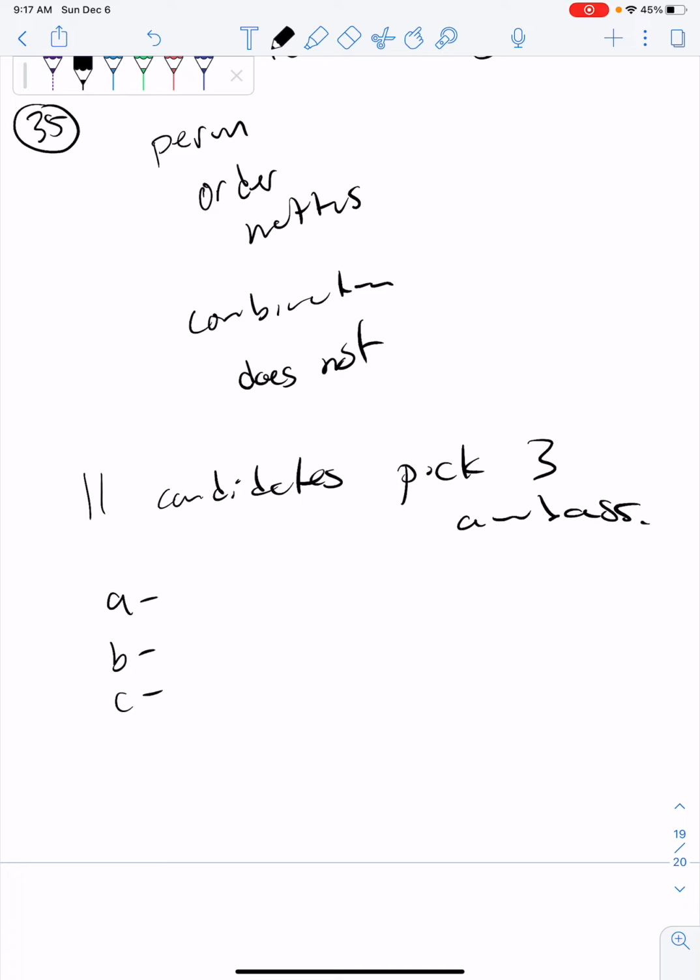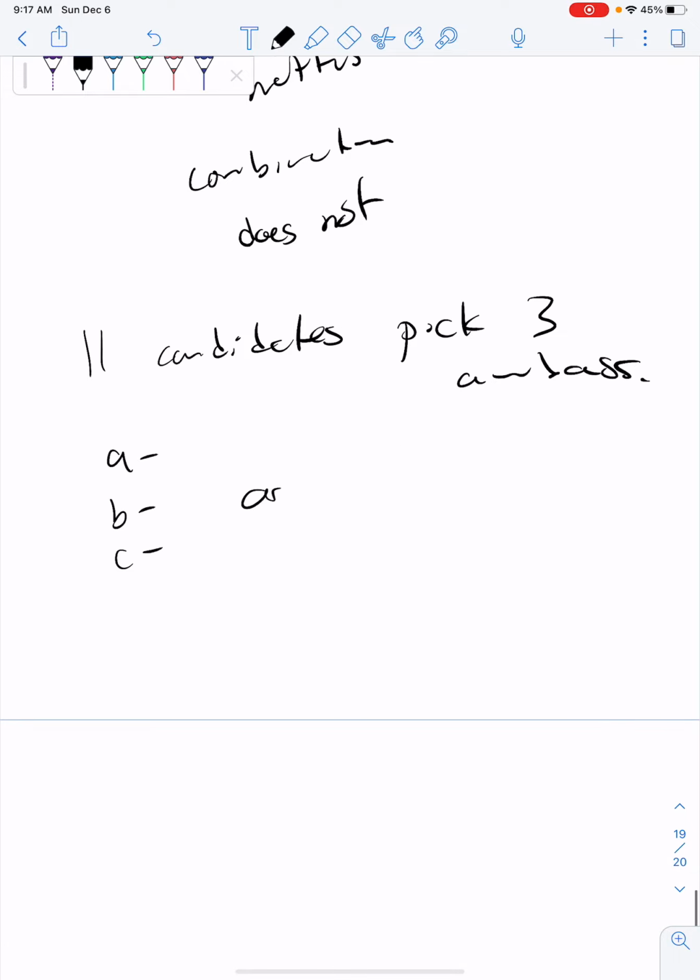It's a different team because they're in a different country. So I don't like this question very much. I wish I could throw this one out. But we can't. This is one that the college chose. So in this case, order matters. And you can't pick the same person to be more than one diplomat.